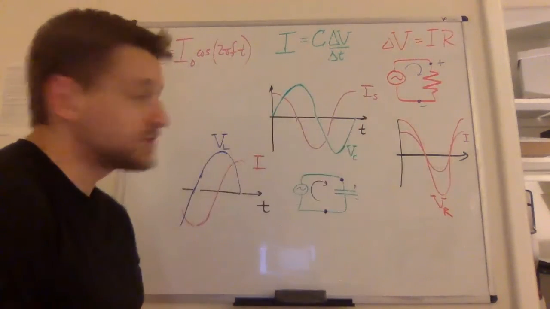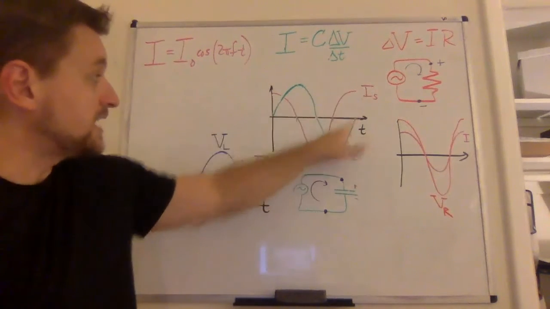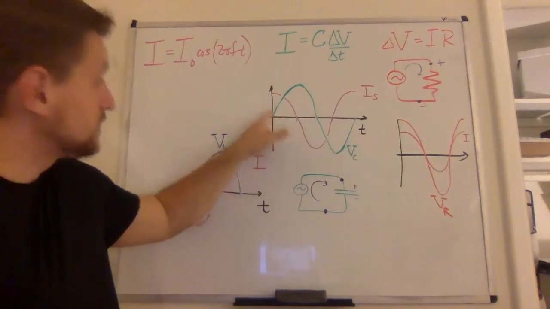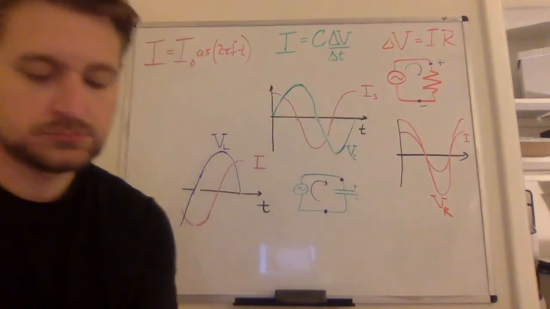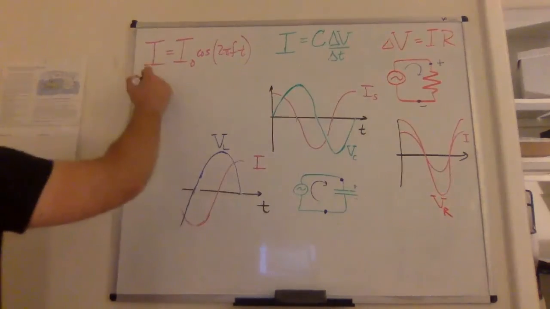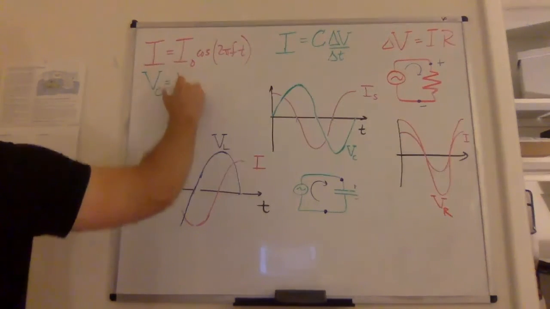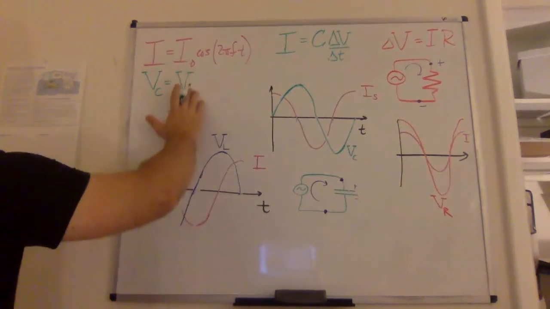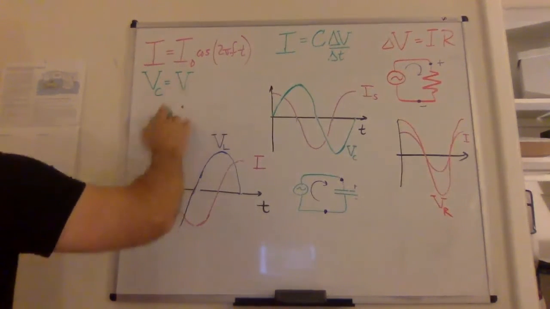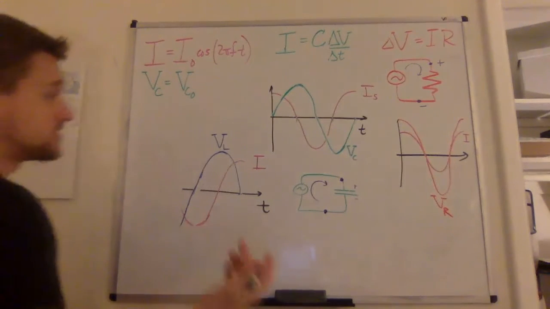The potential difference across the capacitor, well, that's a cosine. This looks like a sine to me. Starts at 0, goes up. Has some amplitude, not sure what.